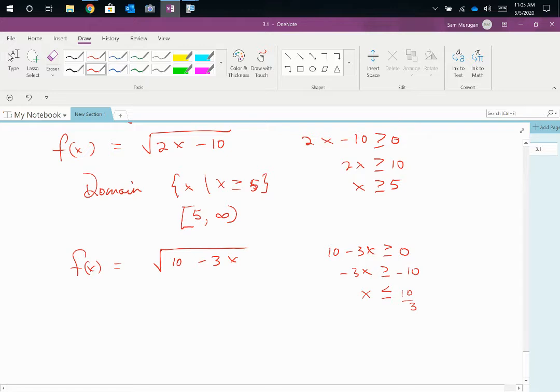So the domain in this case is all x such that x is less than or equal to 10 over 3, or from negative infinity up to 10 over 3.